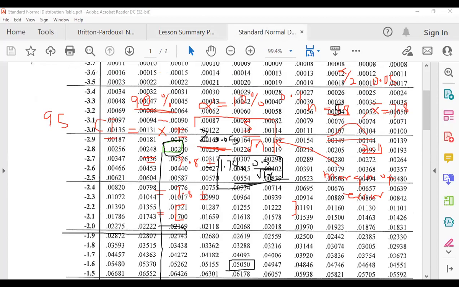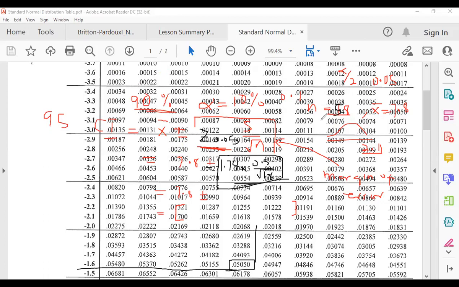So you rule this line and then rule up, and you get your 1.64.